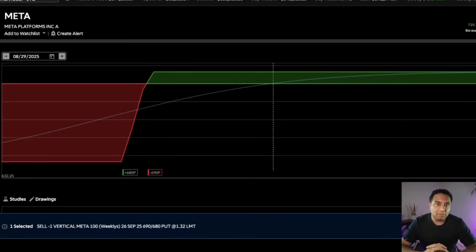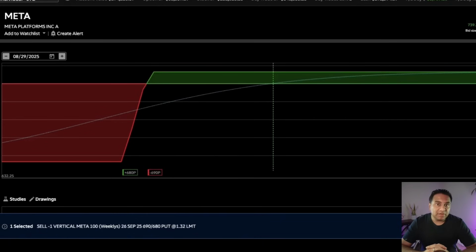If Meta were to drop below $690 by expiration, then you would be assigned 100 shares of Meta at the 690 strike price, and the $69,000 collateral that you put up to open this trade would be utilized to buy those shares.